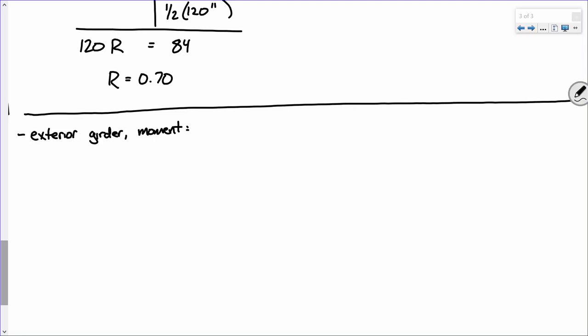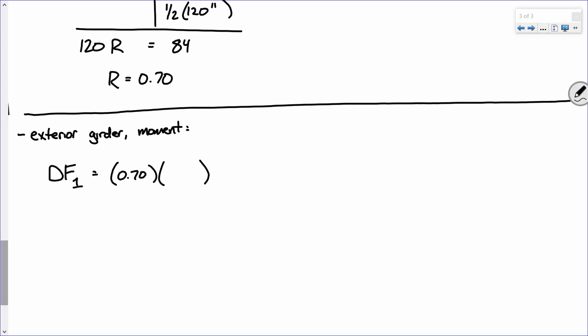Okay, so just like last time, we have a distribution factor for one lane loaded and then a distribution factor for multiple lanes loaded. Now, for the one lane loaded scenario, I propose that we take our lever rule analysis of 0.7 and multiply it by the appropriate multi-presence factor.